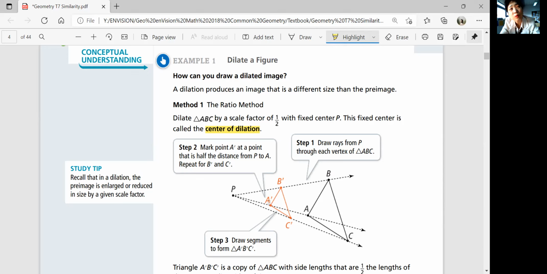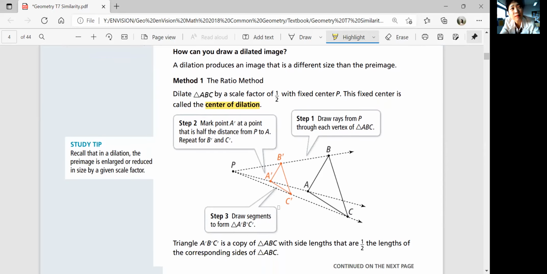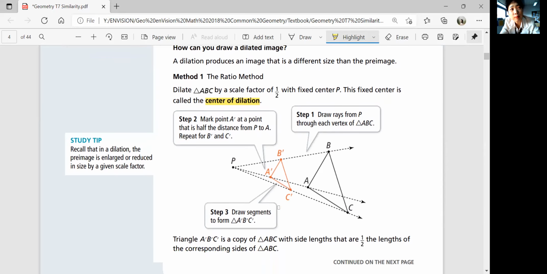And then that's where your A prime could be. Do the same for the other points so that your triangle stays the same shape. Okay, and then you connect the dots. That's your new dilated figure. The triangle A prime, B prime, C prime is a copy of triangle ABC with side lengths that are half the lengths of the corresponding sides of ABC.